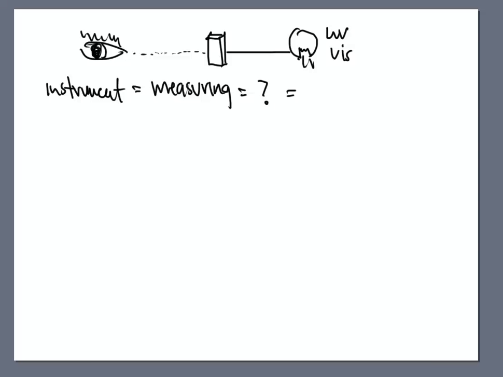In the beginning, the first thing that it measured was something called transmittance. And I'm spelling that wrong, I left out a letter. And we abbreviate that with the T.